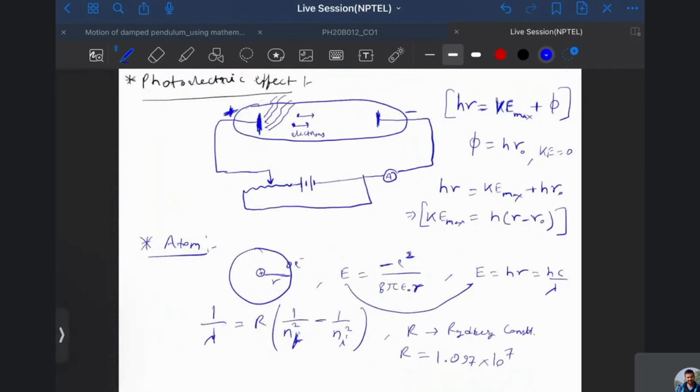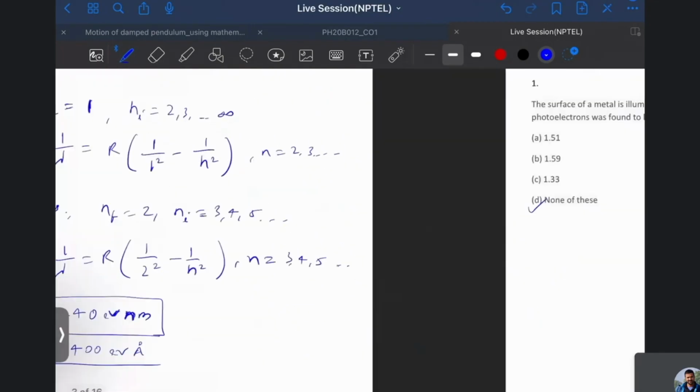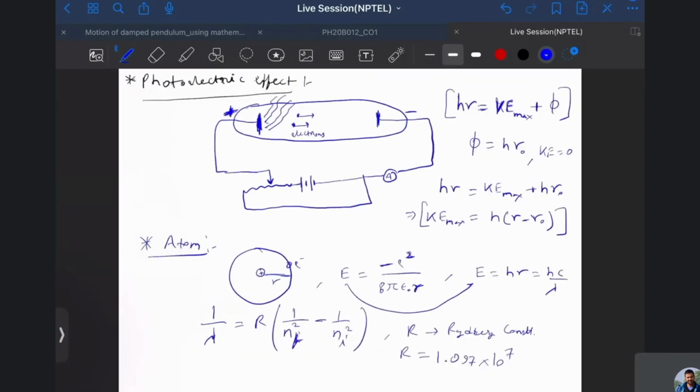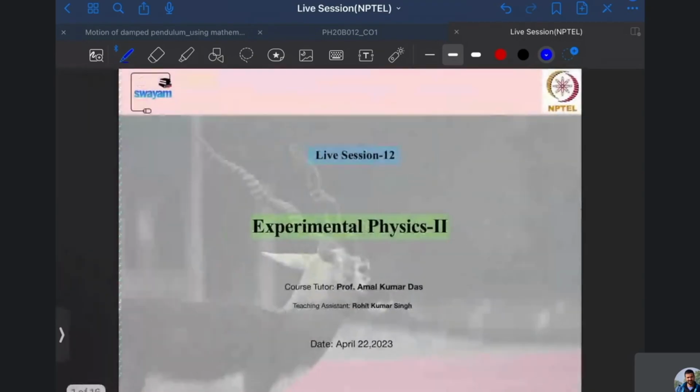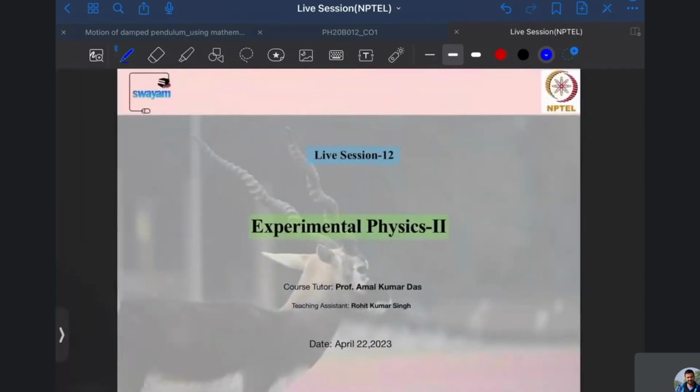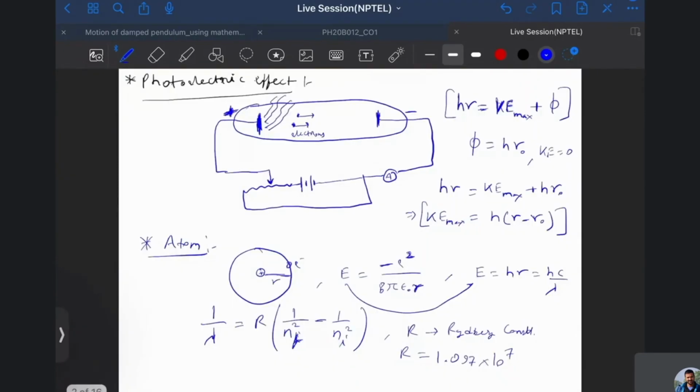Then I start solving the problem. You can also look at the previous problems that I have solved. You will find everything on the NPTEL website. All my slides are there. This one I'll also upload by tomorrow.